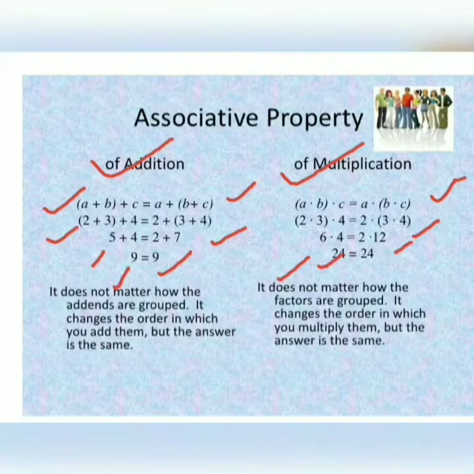So 12 into 2 is 24. So in the case of multiplication also the results are the same. It means it does not matter how the factors are grouped. It changes the order in which we multiply them, but the answer is the same.